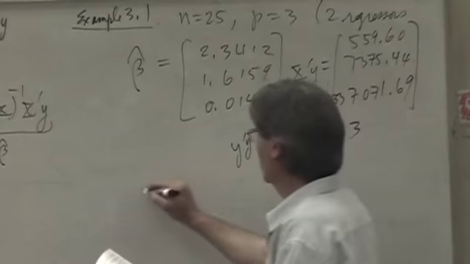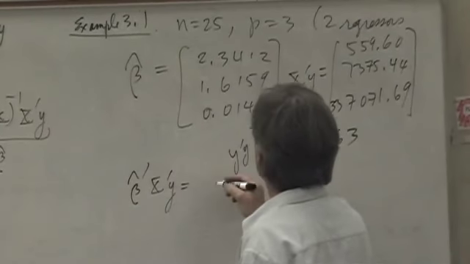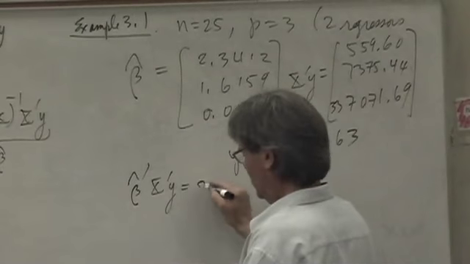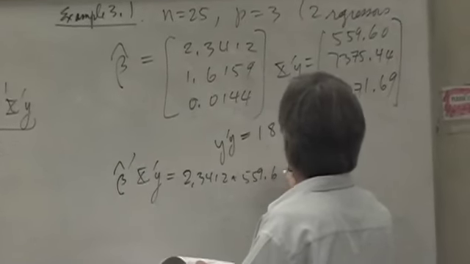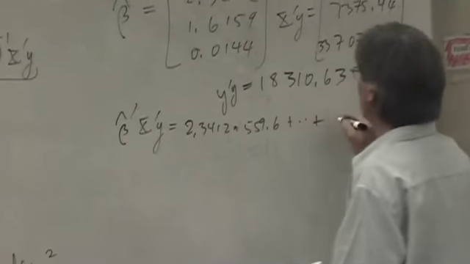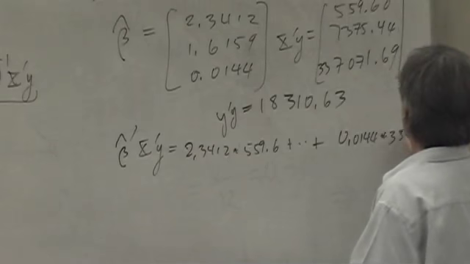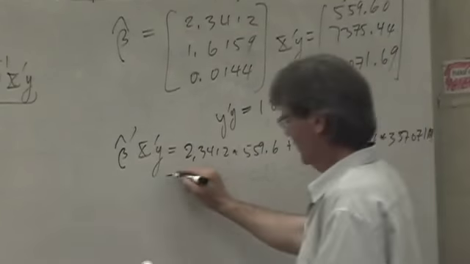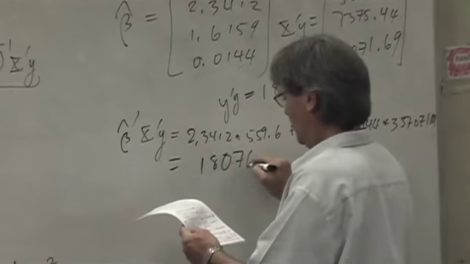So beta hat prime x prime y came out to be just that number 2.3412 times 559.6 plus and so on, plus three terms, 0.0144 times 337,001, equals 18076.90.